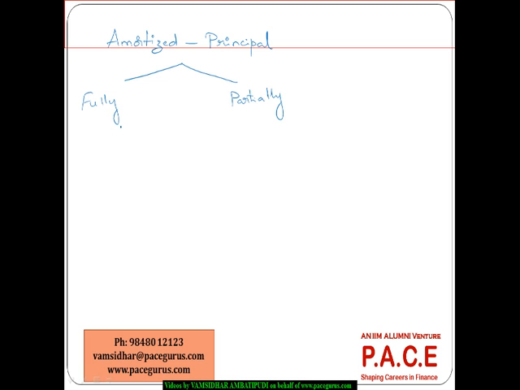Whenever I talk about fully, we are making sure that the payments being made consist of both the interest component as well as the principal component. So some portion of the principal is getting repaid in the earlier periods, and it is done in such a way that at the end of the loan period no principal is outstanding.